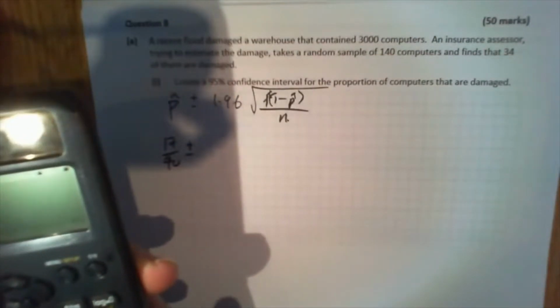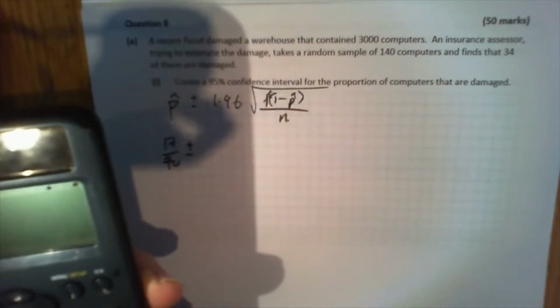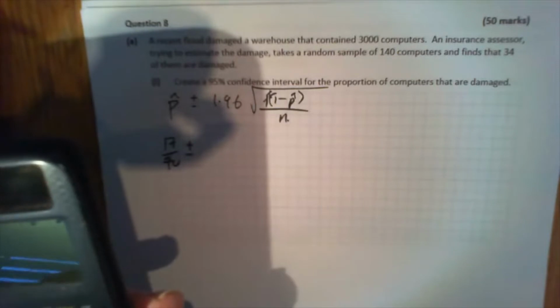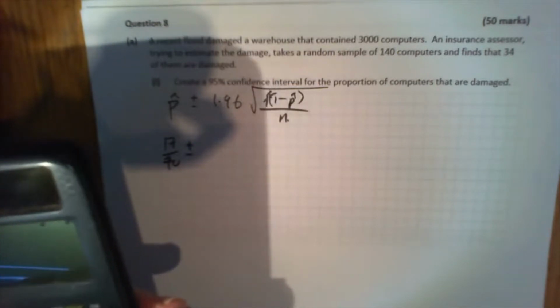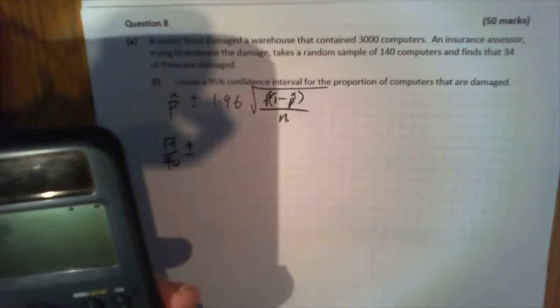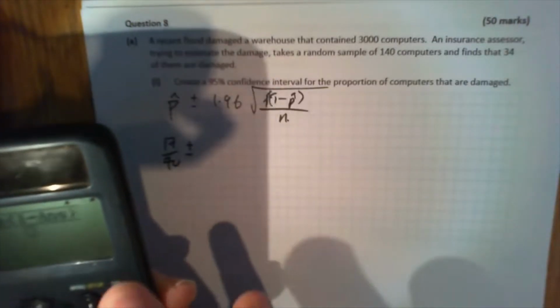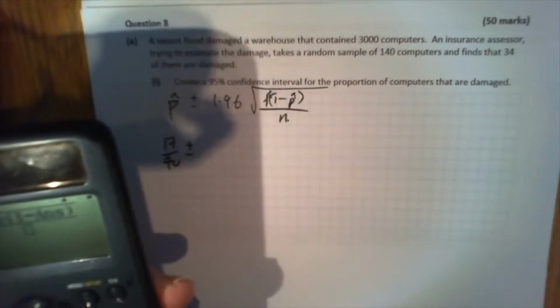Plus or minus 1.96 by the square root of the answer, bracket 1 minus the answer, over 140.